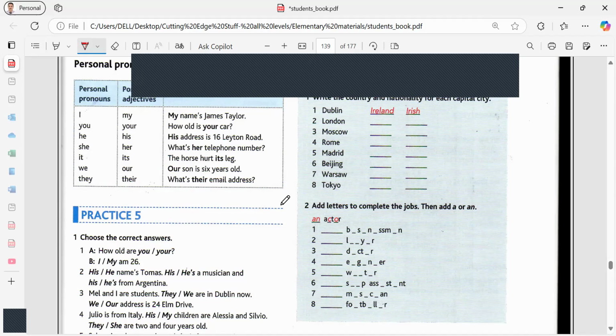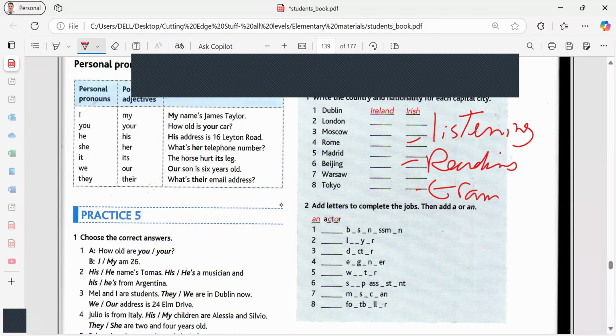As I told you, you have a listening test, you have reading, you have grammar, you have vocab, you have writing, and of course, speaking.